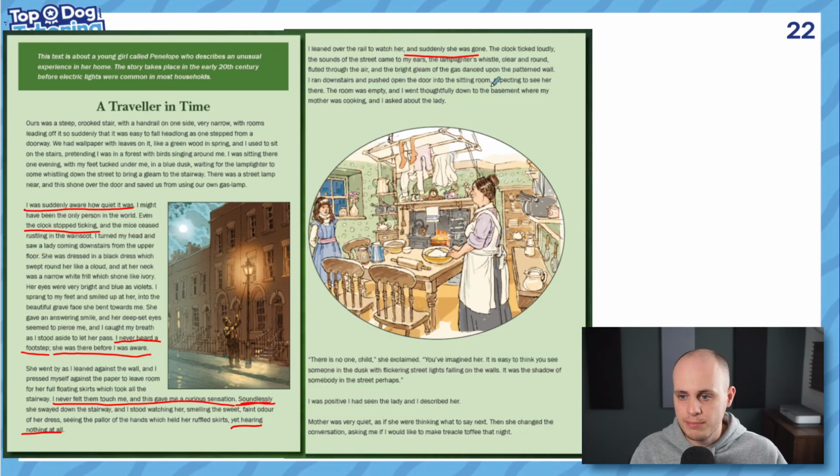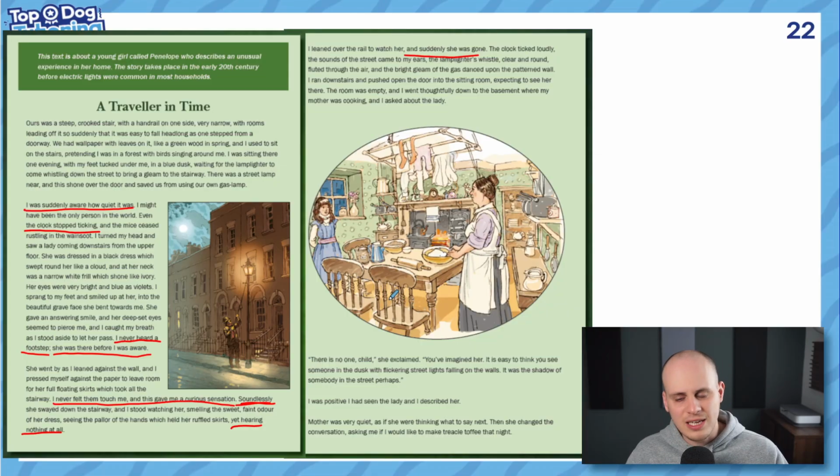"I ran downstairs and pushed open the door into the sitting room, expecting to see her there. The room was empty. And I went thoughtfully down to the basement where my mother was cooking, and I asked about the lady. 'Oh, there's no one, child,' she exclaimed. 'You've imagined her. It's easy to think you see someone in the dusk, with the flickering streetlights falling on the walls. It was the shadows of someone in the street, perhaps.'